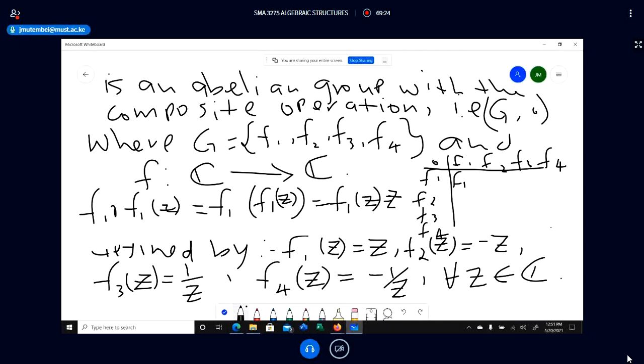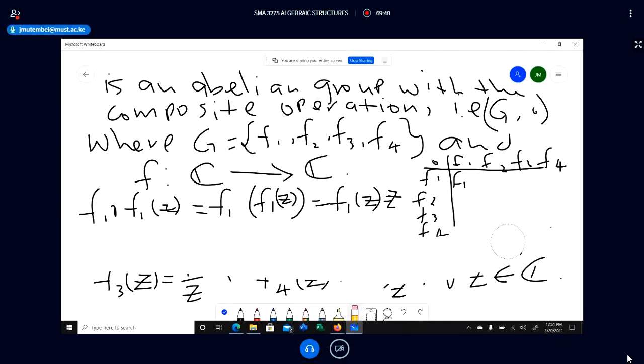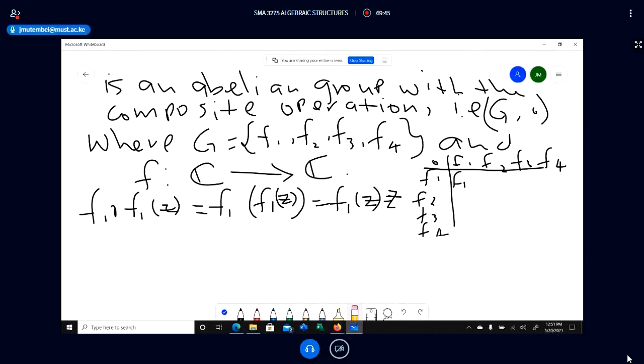So the result of F1 composite F1 is F1. I'm just illustrating here so that in the same way you continue and finish. You continue and complete that table, the Cayley table.